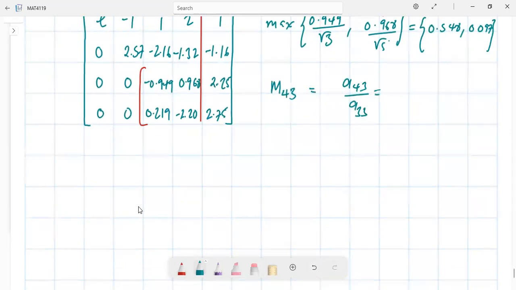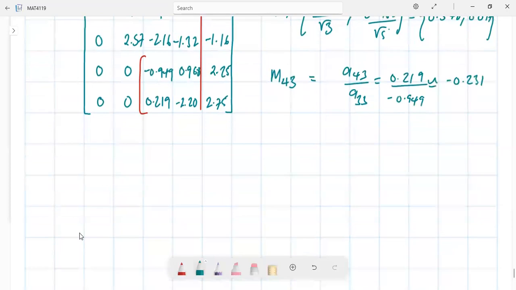Okay, so A43 is 0.219 divided by negative 0.949. And this gives me approximately equal to negative 0.231.